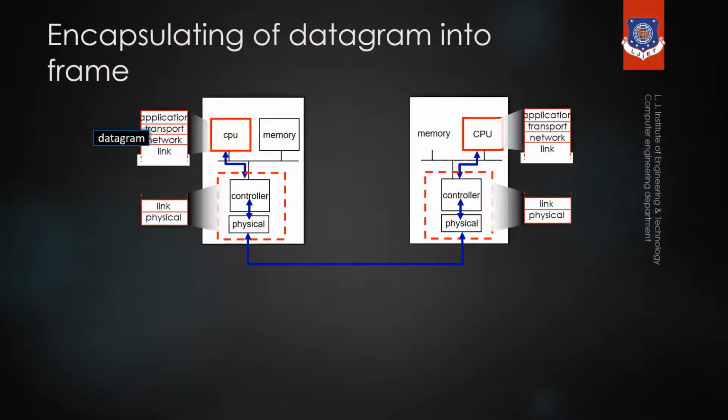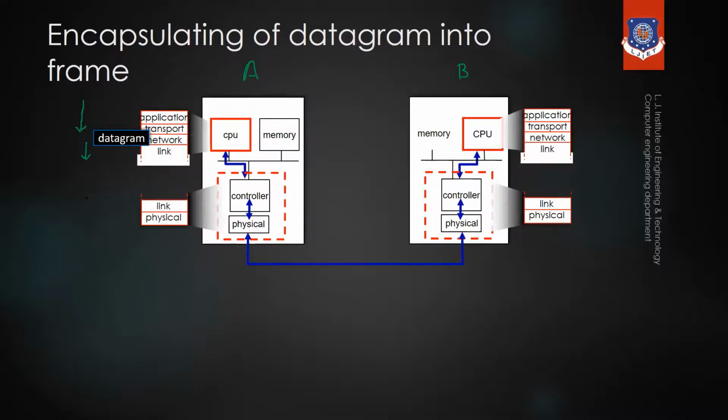Suppose that device A wants to send some data to device B. Now we are assuming that in the application layer some data is generated, and that data is passed from the application layer to the transport layer, and the data now reaches the network layer. In the network layer it is called a datagram, right? And when that datagram is passed to the data link layer, it will be encapsulated and it will be called a frame.